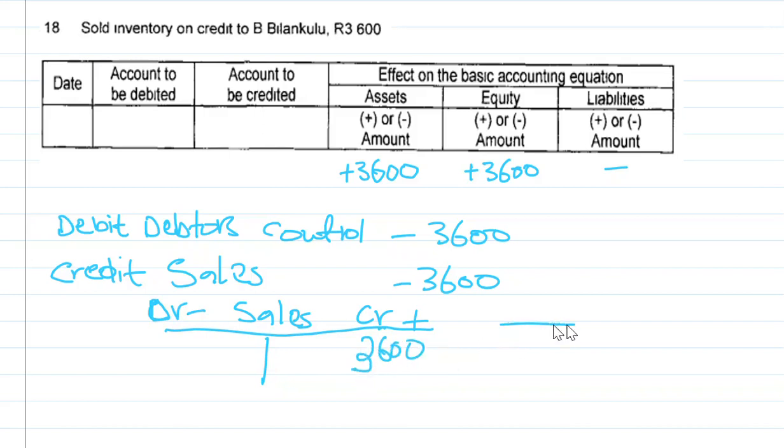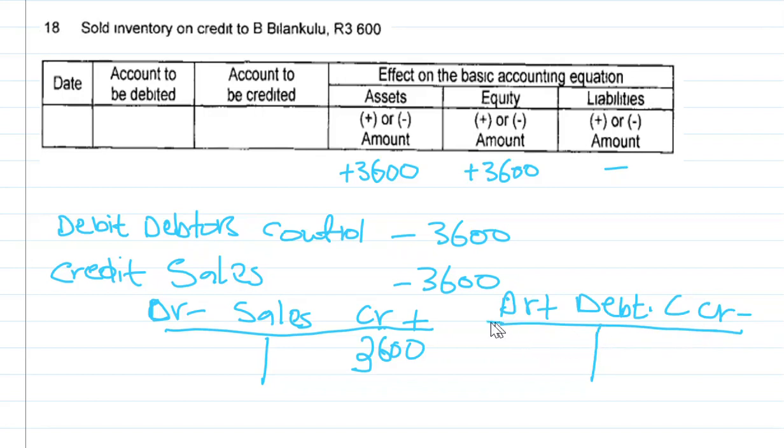Then if you're told to open up your debtors control account, this is debit side plus, because it's an asset account. That's why I'm saying plus on the debit side, minus on the credit side. The assets decrease on the credit side.